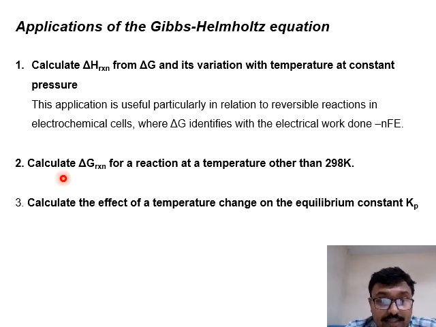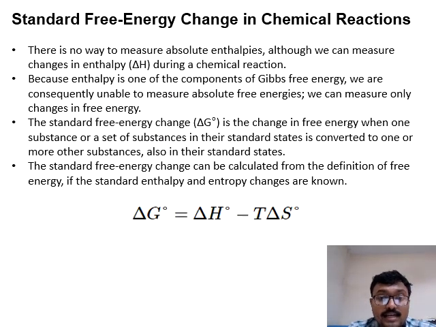We can calculate the change of delta G of a reaction at a temperature other than 298 Kelvin. We can also calculate the effect of temperature change on the equilibrium constant by this Gibbs-Helmholtz equation.